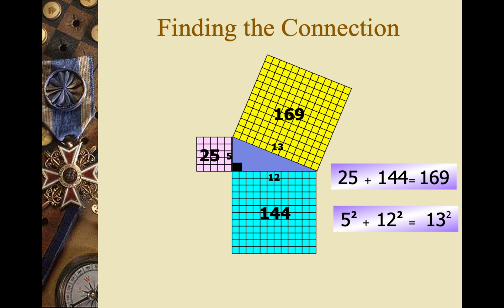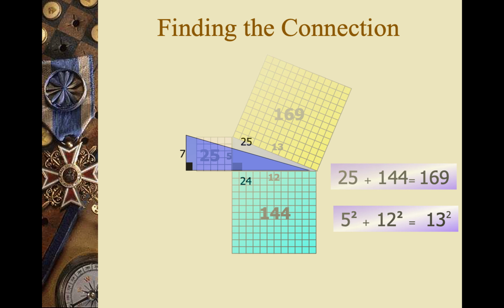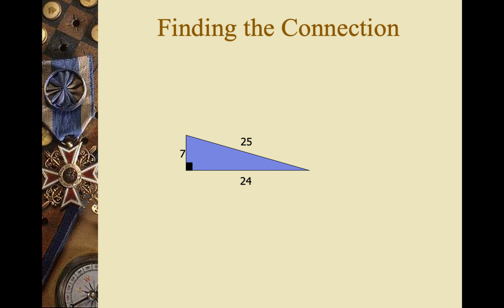Okay, one last one, just to check that we're not just making these things up. Here's another right angle triangle: 7, 24, and the long side is 25. The long side's always opposite the right angle, as we'll see in a moment. Let's check that connection. 7 times 7 is 49.